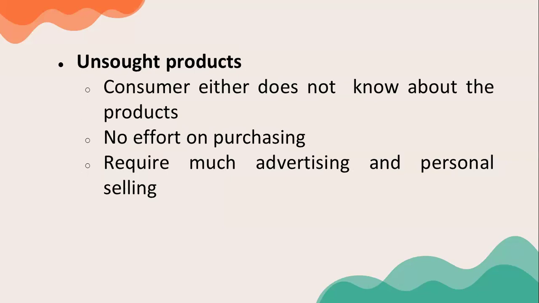So why do we have to learn these things under marketing? Once you do production, if you make a product, if you run a business, you should know what type of product your product is.